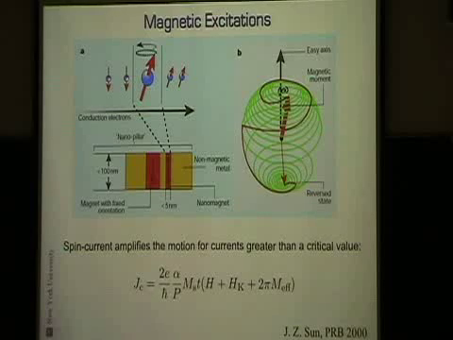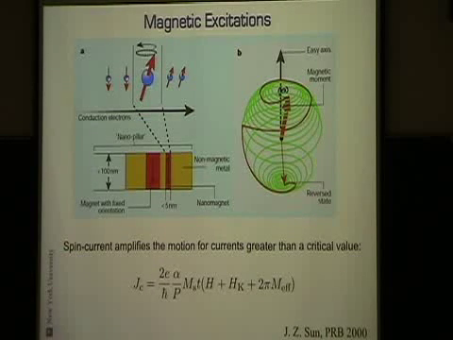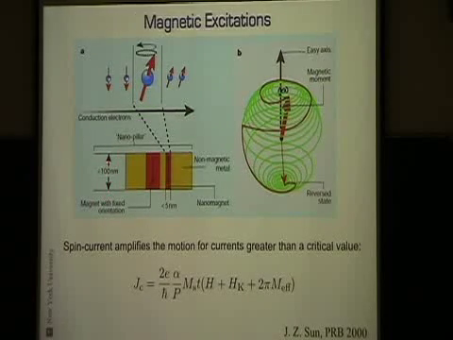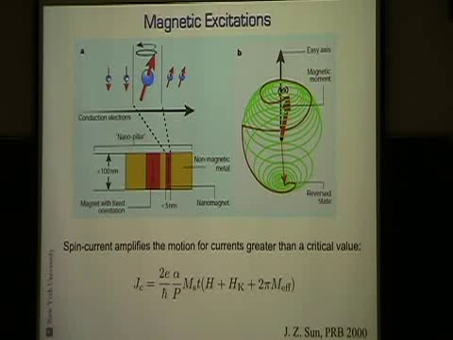So just to show you, this is the picture from my collaborator Jonathan Sun of what the dynamics will look like. You have a nanopillar, about 100 nanometers wide. I'll say in a moment why you pick a nanopillar. Electrons traverse this layer, and if the current is below the threshold, the magnetization simply decays to equilibrium and spirals in as it would if there were no current applied.